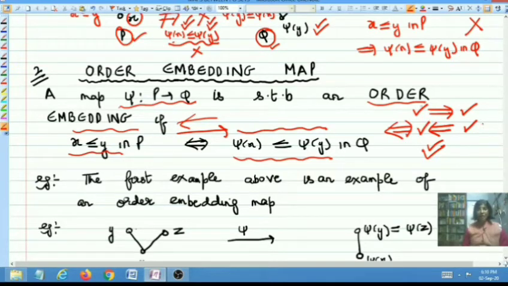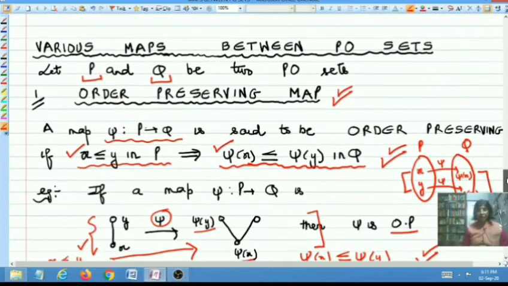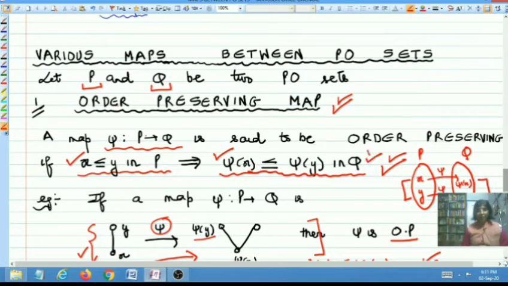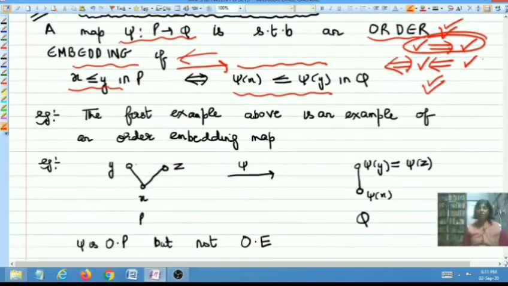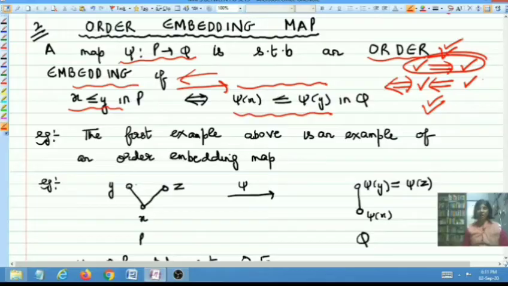So an order embedding map should satisfy an additional condition, which means that if a map is an order embedding, then obviously it is an order preserving map, because the first condition is satisfied. The condition for a map to be order preserving will automatically be satisfied if the map is an order embedding. So every map which is an order embedding will always be an order preserving map. Converse may not be true.